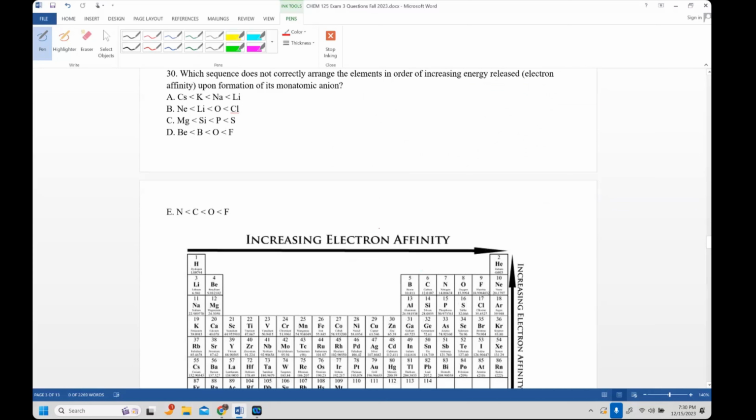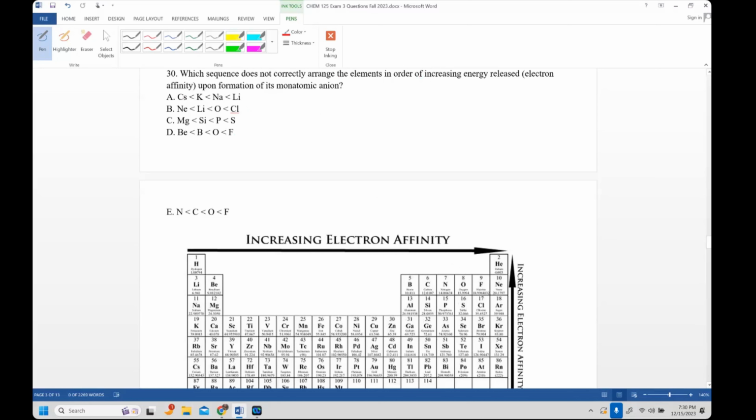So top right is going to be the highest electron affinity, meaning it wants electrons the most. And it releases energy. So these are negatives, right? It releases energy when electrons are gained, meaning it gets more stable. So again, which sequence does not correctly arrange them in order of increasing energy released?